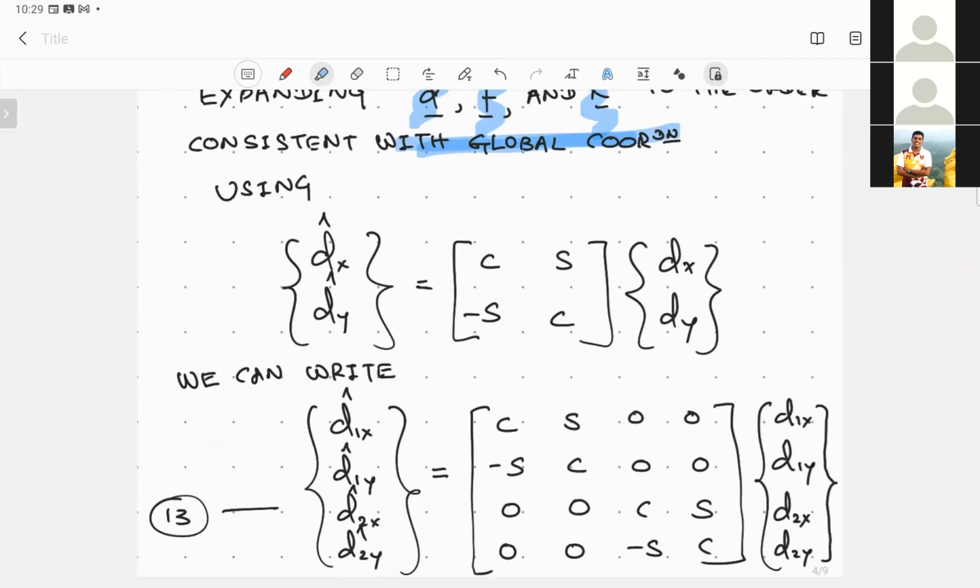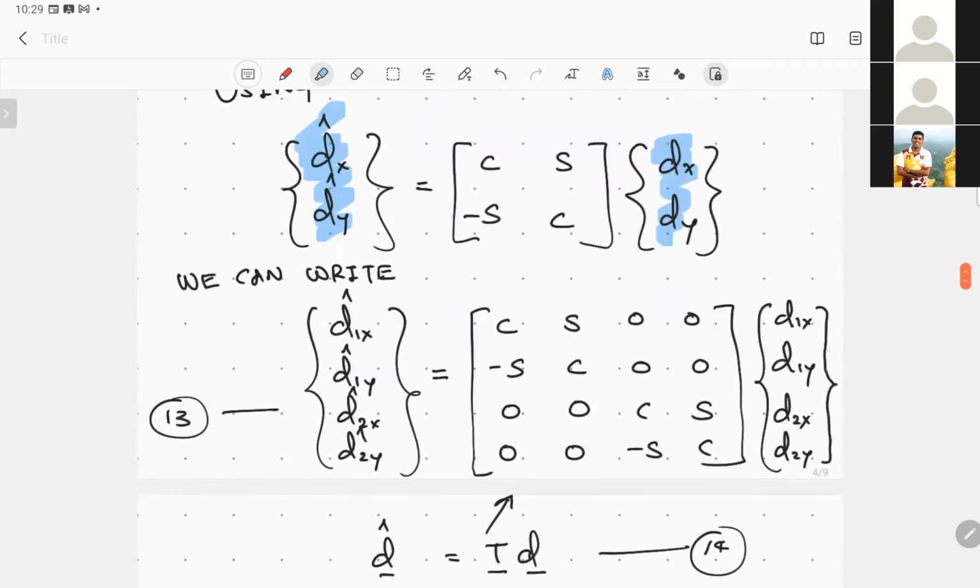So what do we do? This is our transformation matrix for a single element in the x and y direction. Of course, we can now expand this transformation matrix to the rank of the global coordinate system. So in equation 13, you can see I have expanded it to a global coordinate system.